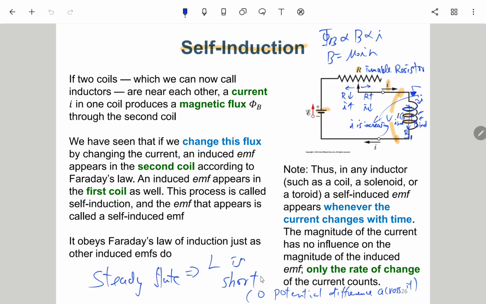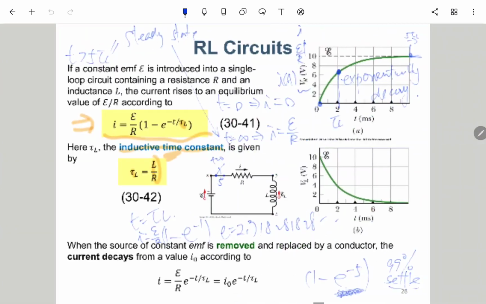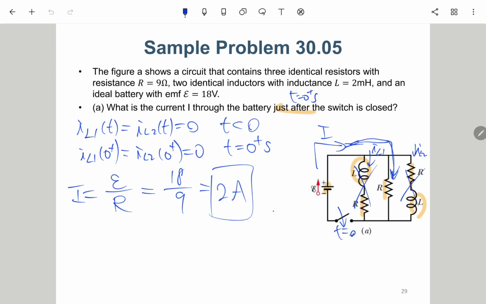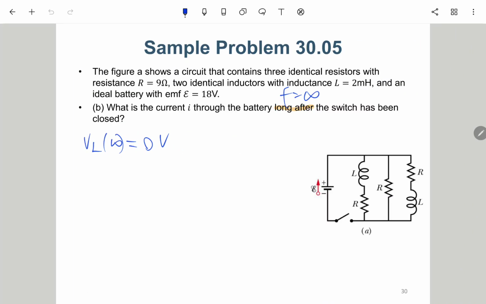It is a steady state, and for the steady state, L is short. Or you can consider it here, so I will be 0, and V will also be 0. So VL over the inductor will be 0, so it looks like a short circuit, and this is also a short circuit when t tends to infinity.